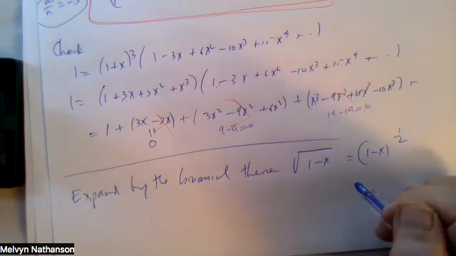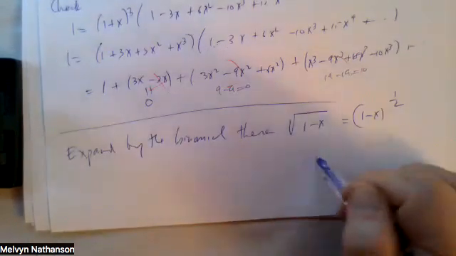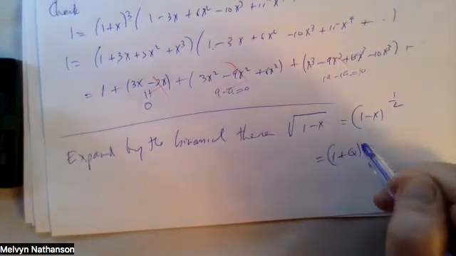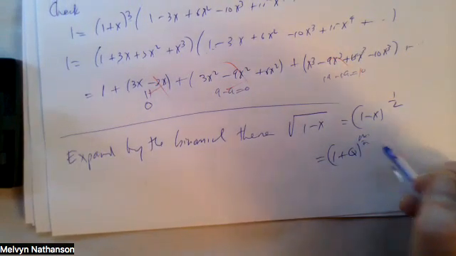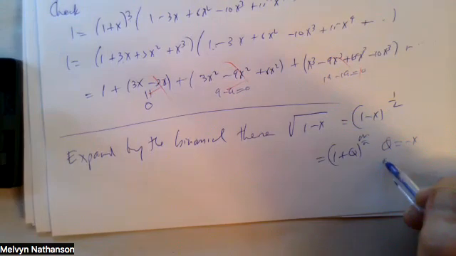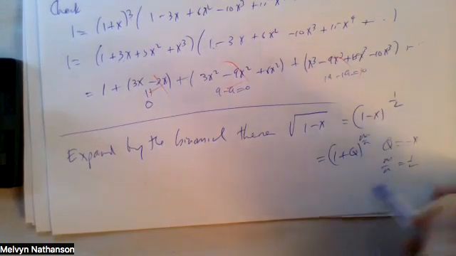So this is like 1 plus q to the m over n, where q is minus x and m over n is a half.